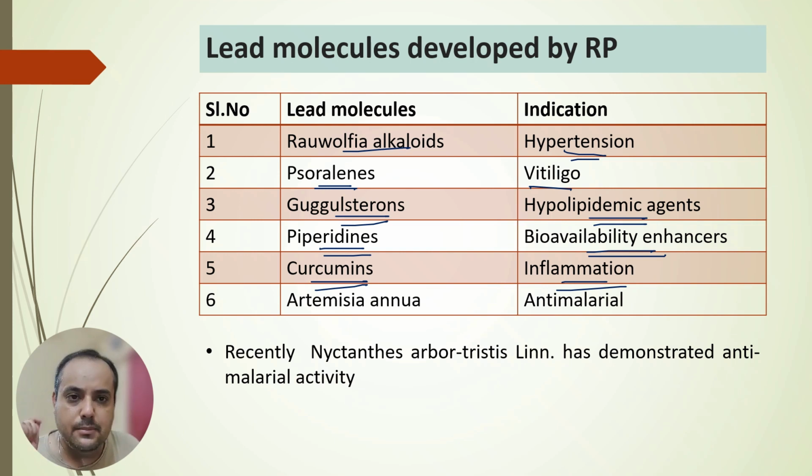And the best example of reverse pharmacology is perhaps Artemisia annua, from which we have got the artemisinin compounds, which are currently the mainstay of antimalarial drugs. And recently, Nyctanthes arbor-tristis Linn, this plant has also shown antimalarial activity.